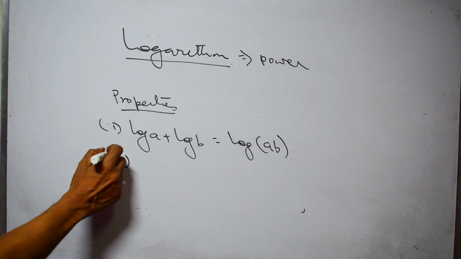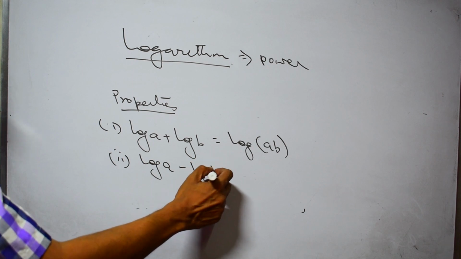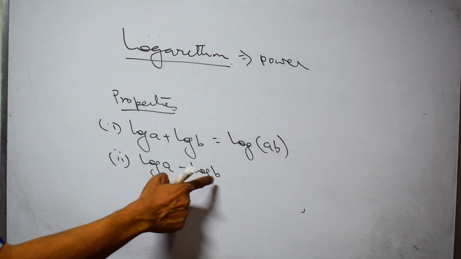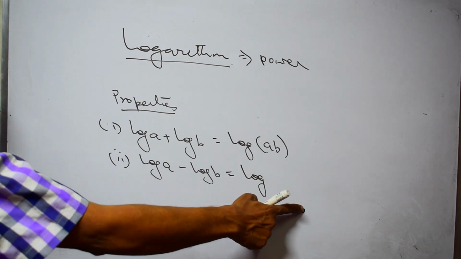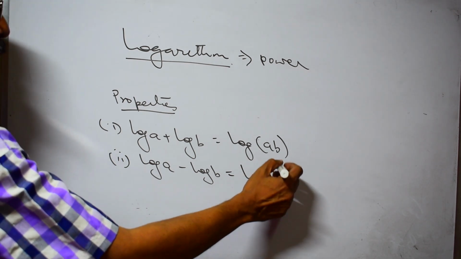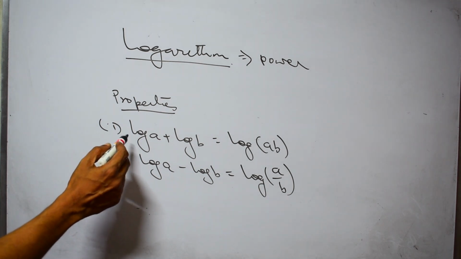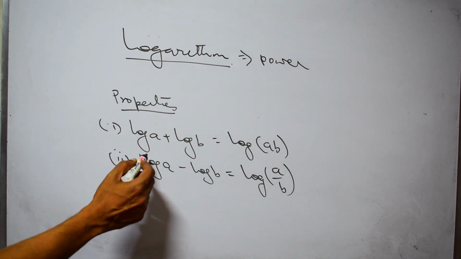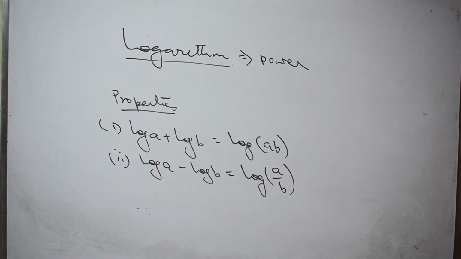The second one, log a minus log b, the base is again the same, normally 10. The result will be the same log base, and the final answer will be a by b. So in the case of log, if we add logs with the same base, the result will be log of the product, and subtraction leads to division.